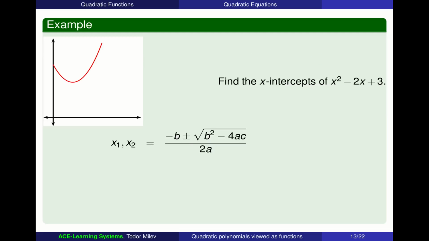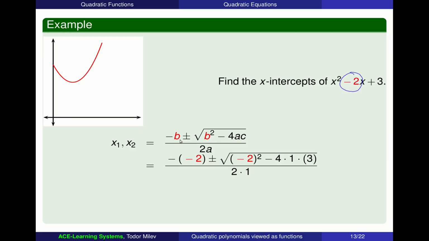We know that the x-intercepts, so the solutions of our quadratic equation, are found by the formula minus b plus or minus radical of b squared minus 4ac divided by 2a. What's b equal to? Well, b is equal to negative 2. That is our b. Careful here, this minus has got to stay in front of the parentheses.